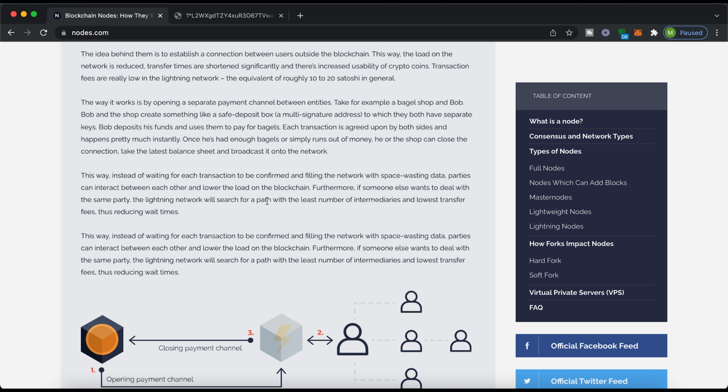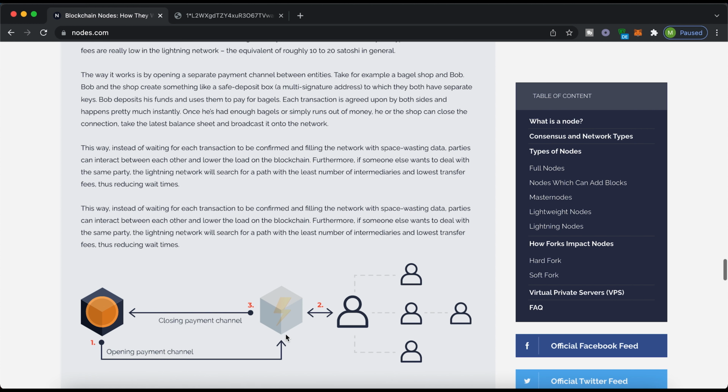So basically, how it works is, say this is a safe deposit box, and there's funds in here for transactions between the network and somebody who's not on the network. The transactions are done pretty much instantly. When they're done with the transaction, the connection is canceled and is broadcasted to the rest of the blockchain so they can see what just happened.